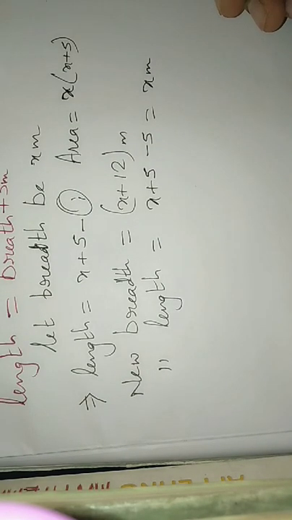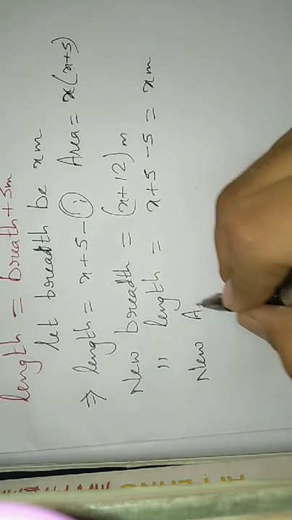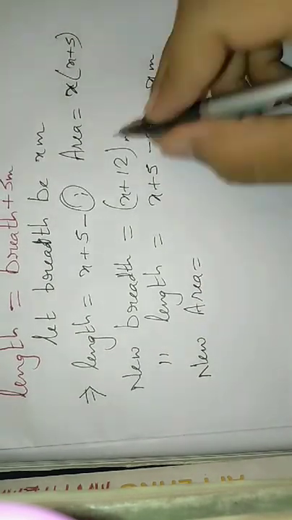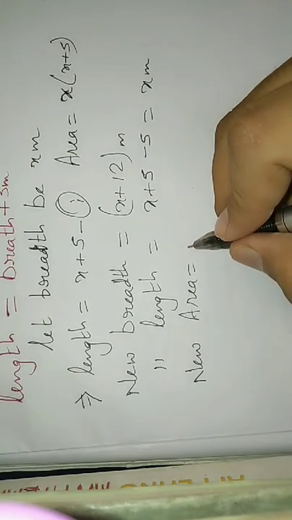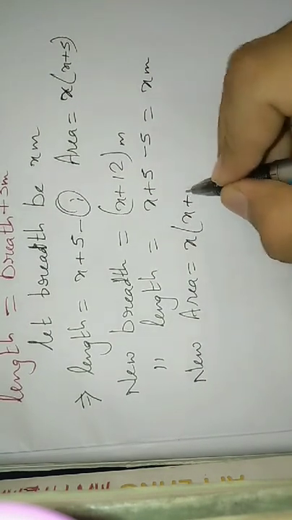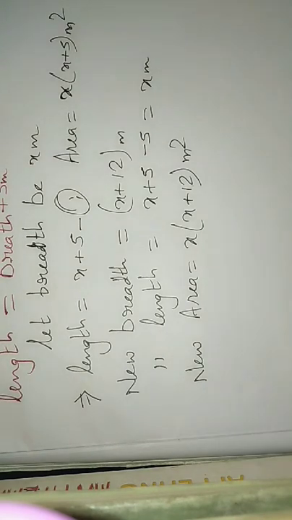Okay. So what is the new area? New length into new breadth, x into x plus 12 meter square, right? Here also this is meter square.